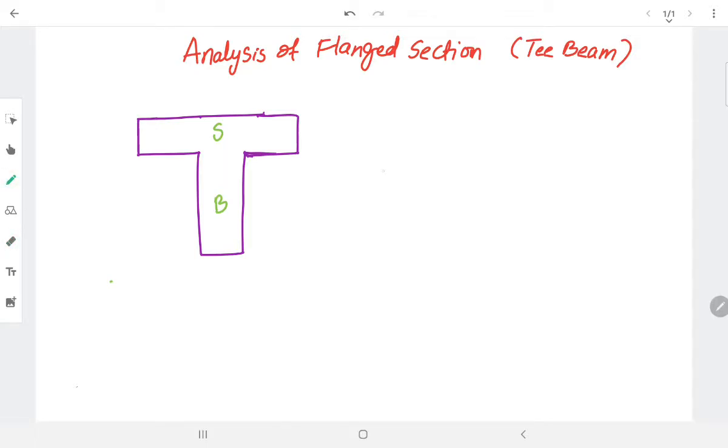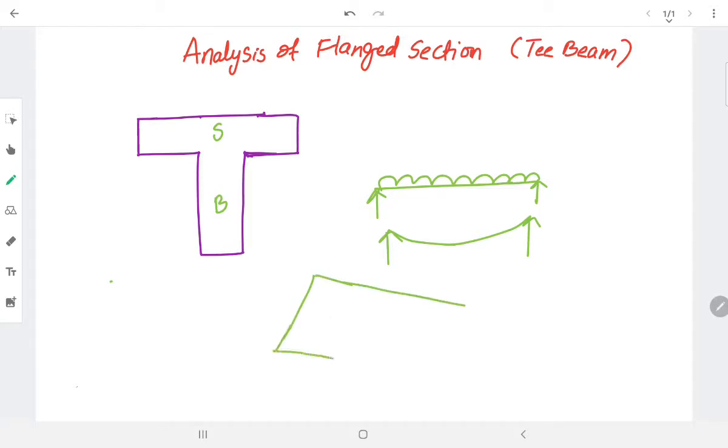Whenever the beam bends, suppose it is a simply supported beam, when you apply a force it will bend in this direction, and the deflection may be in this manner. When you construct the structure, over that beam we place a slab.